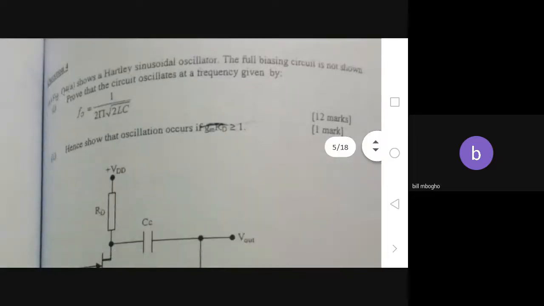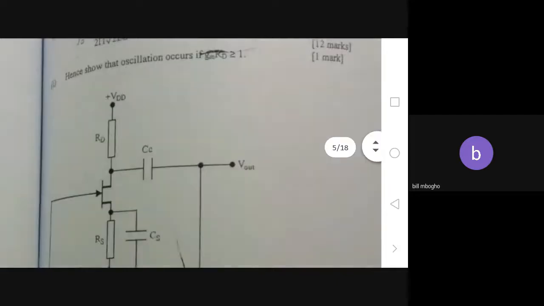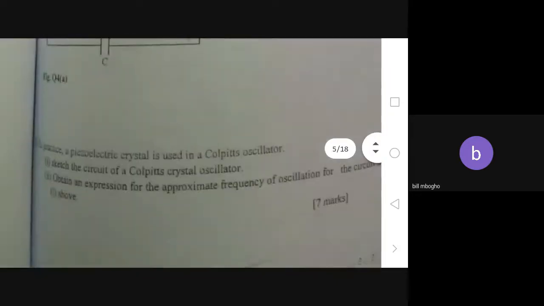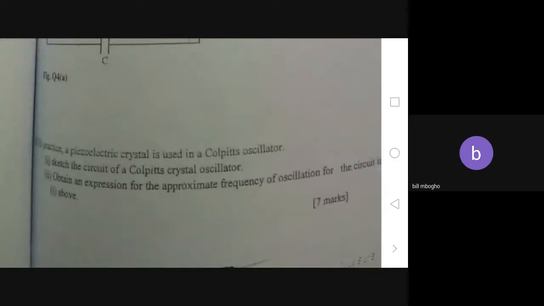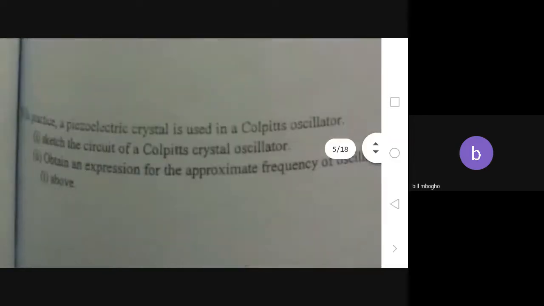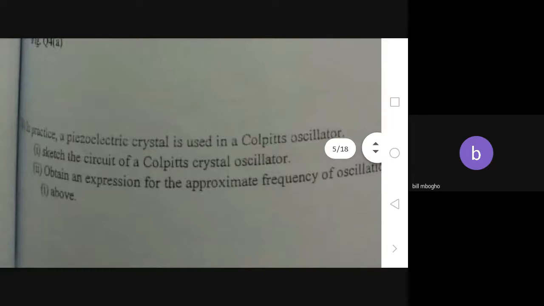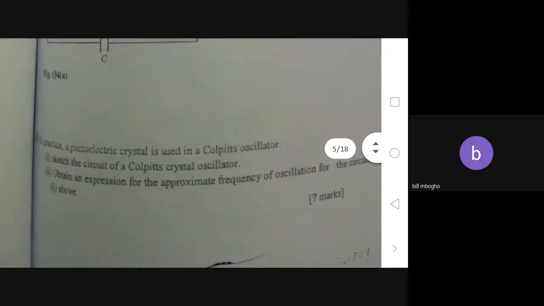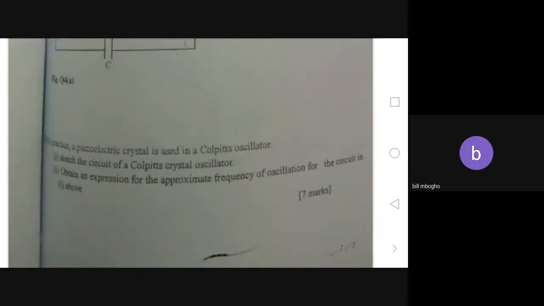And hence show the oscillation occurs if GM RD is greater than 1. So that's the same thing we had before. In practice, a piezoelectric crystal is used in a Colpitts oscillator. Sketch the circuit of a Colpitts oscillator circuit.